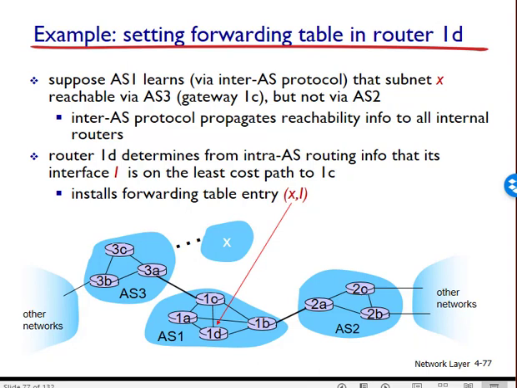When router 1D learns that subnet X is reachable from AS3, which is reached from gateway 1C, it then determines from the information provided by the intra-autonomous system routing protocol the router interface that is the least cost path from 1D to gateway router 1C. Say this is interface I. The router 1D can then put the entry into its forwarding table.